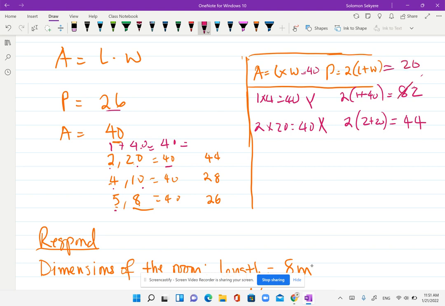What about 4 and 10? 4 times 10 equals 40, right? What about the perimeter? I say perimeter is add the length and the width, 4 plus 10, multiplied by 2. 4 plus 10 is 14. 14 times 2 is 28. That's not it.